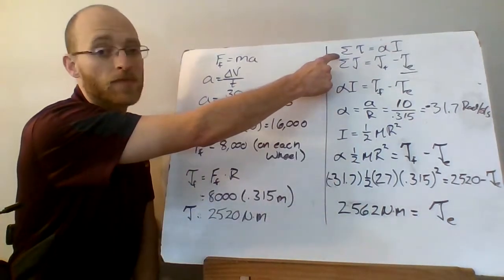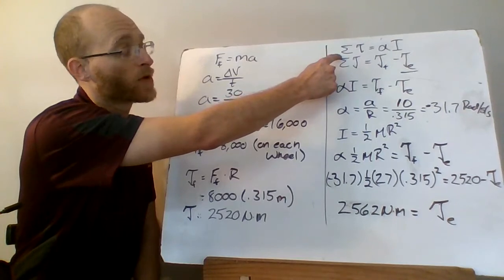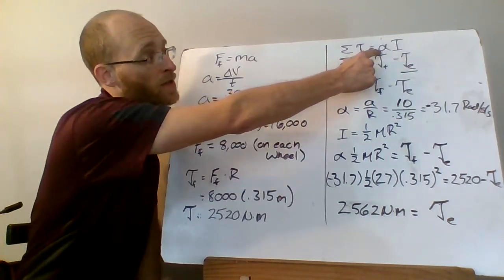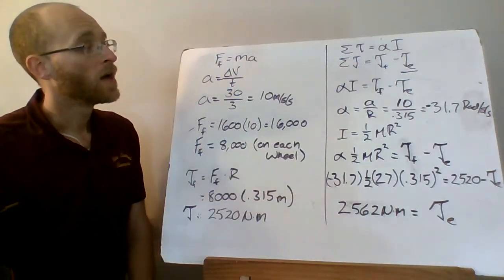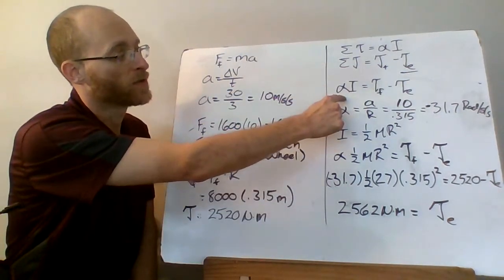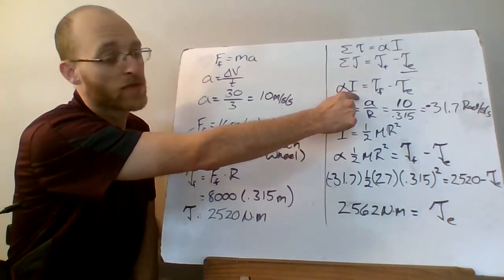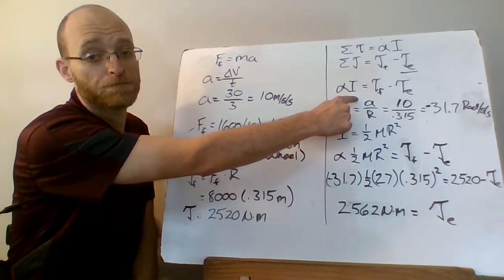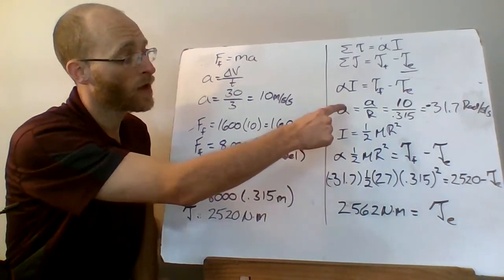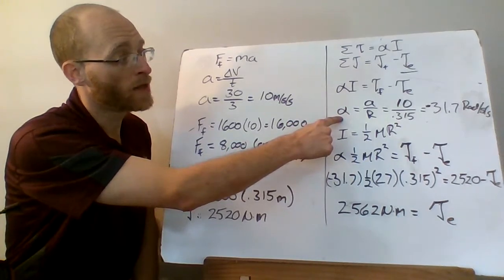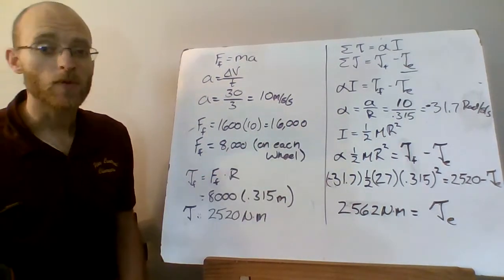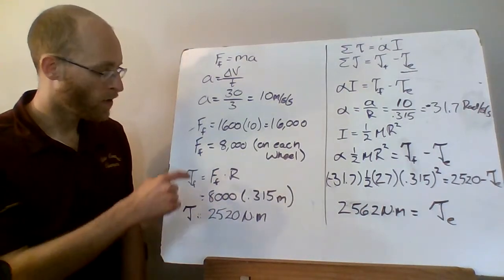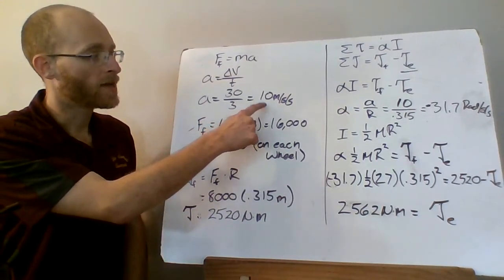Going up here, I have my net torque equation from the previous board, equals alpha I, and my sum of torques. And so I'm just going to set those equal to each other. So we have this equation right here. And then what we're going to do is we say, well, I need to know alpha. How do I find alpha? Well, I know acceleration and I know the radius.